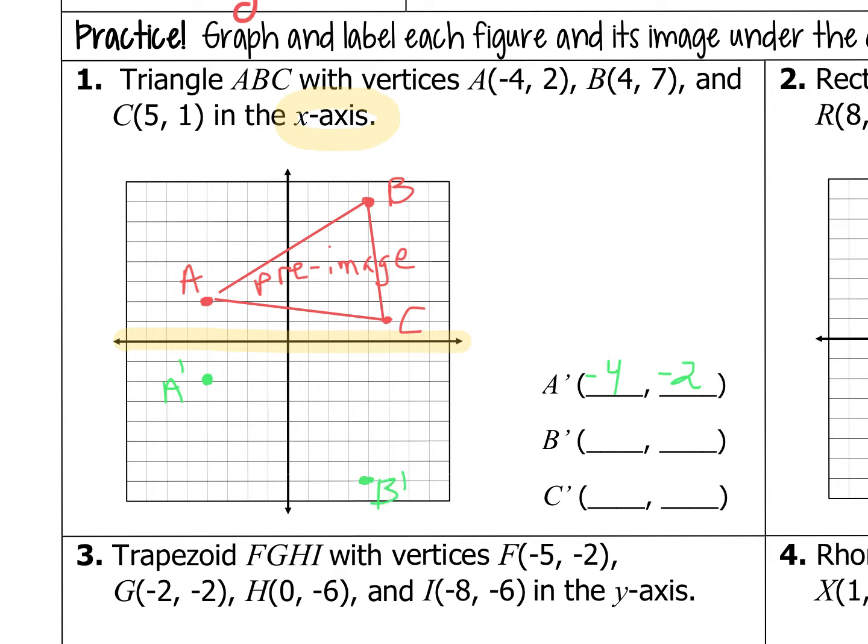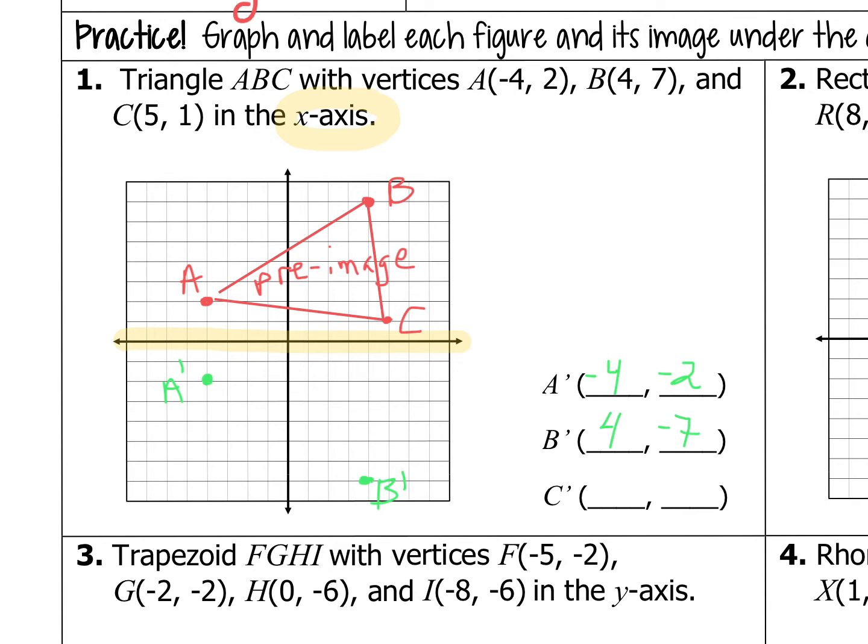Don't forget to label these A prime, B prime, C prime, because if you don't, I don't know what your answer is. Then we identify that ordered pair. We go to the right 1, 2, 3, 4, and then down 1, 2, 3, 4, 5, 6, 7. So right 4, which is positive, and down 7, which is negative.